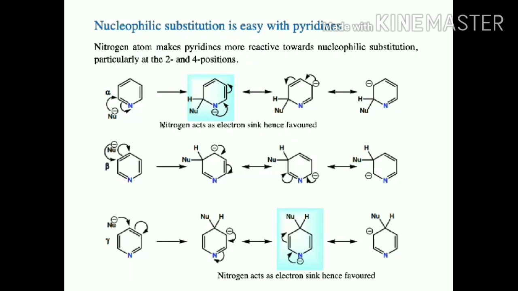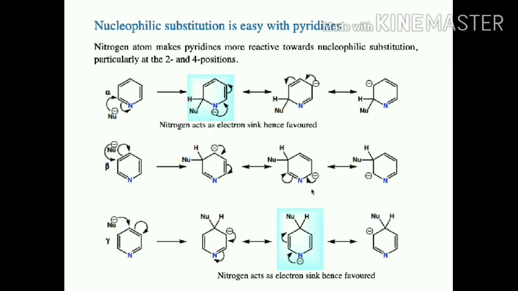Because if the nucleophile attacks at the second or sixth carbon, it is going to have a resonance structure where the negative charge will be placed on the nitrogen. Here nitrogen is going to act like an electron sink, hence it is favored. This resonance structure is possible only in alpha and gamma, meaning second and fourth position.